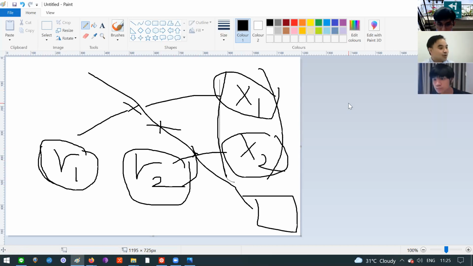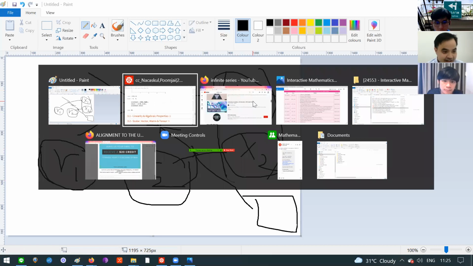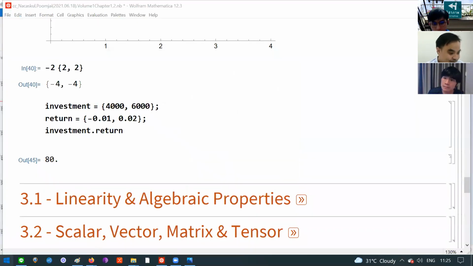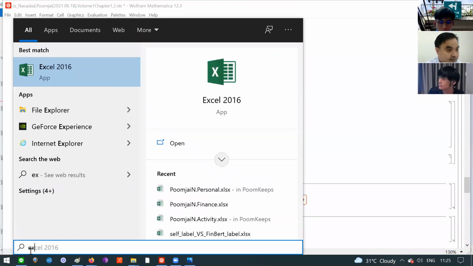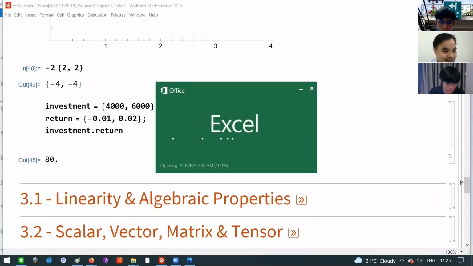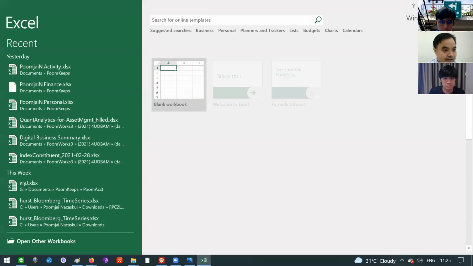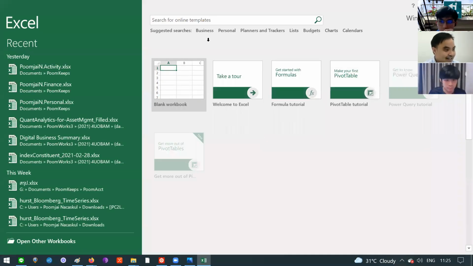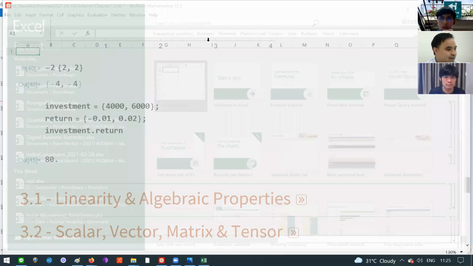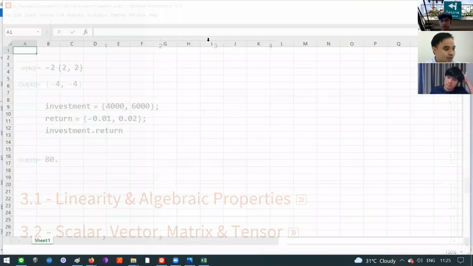Let me show you how this works in Excel. We can do this in Excel. Now, again, it sounds a little bit silly. Why do things this way? But I'll show you why later.